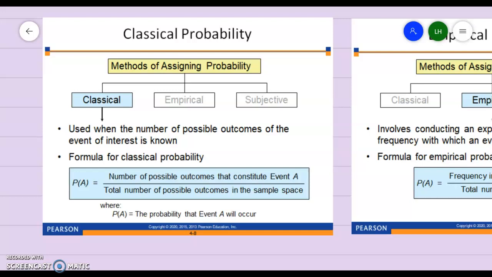Another thing I'd like to add is that it's based on prior knowledge, so we know the probability already because we know the number of outcomes. If you roll a dice, you know there are 6 outcomes and you can calculate the probability. Drawing from a deck of cards is another example. Flipping a coin would be another.